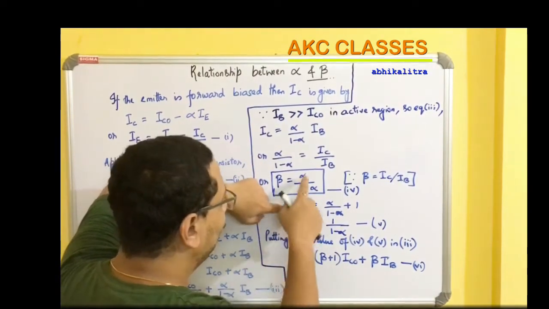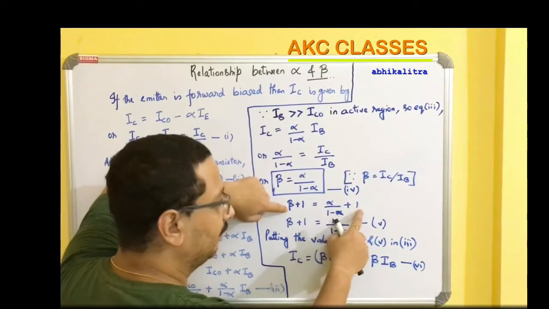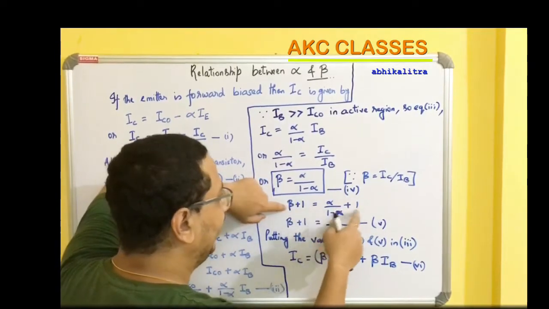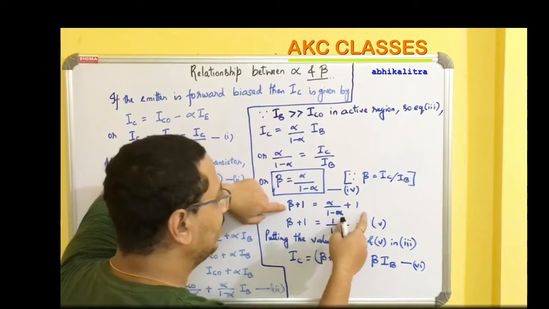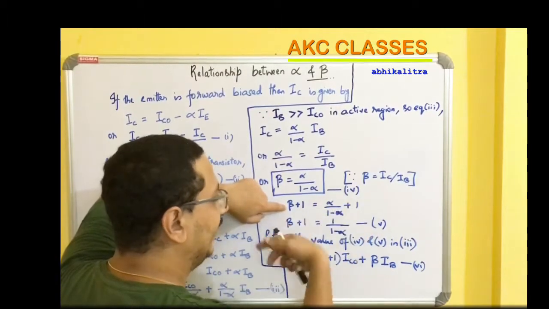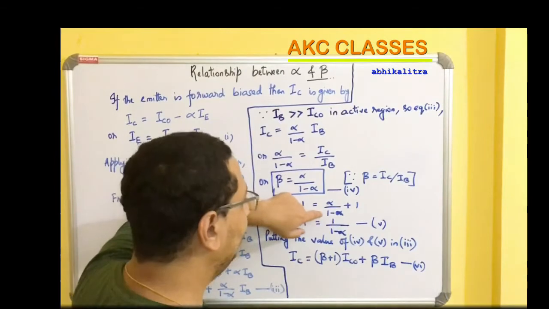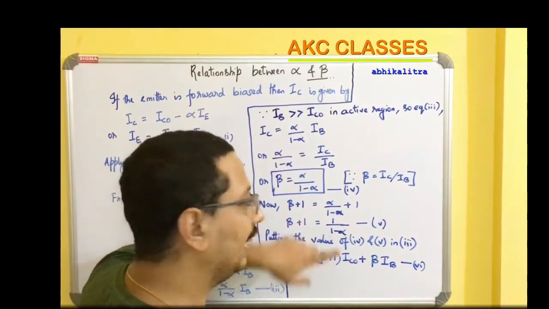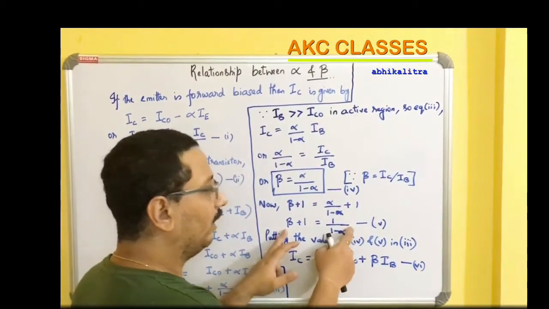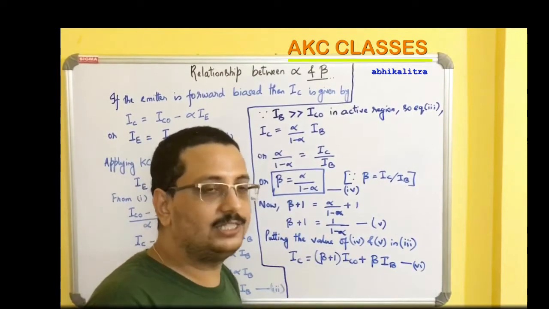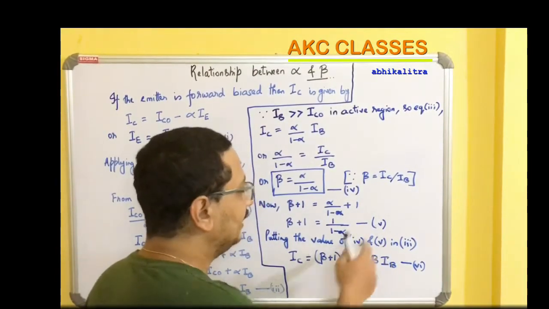We get beta plus 1 and alpha by 1 minus alpha plus 1. We then simplify, we take LCM between these two terms, and obviously alpha will get cancelled out, and we are left in the numerator with only 1, and in the denominator there will be only 1 minus alpha. So beta plus 1 equals 1 by 1 minus alpha is another relation that we have established, and we mark it as equation 5.